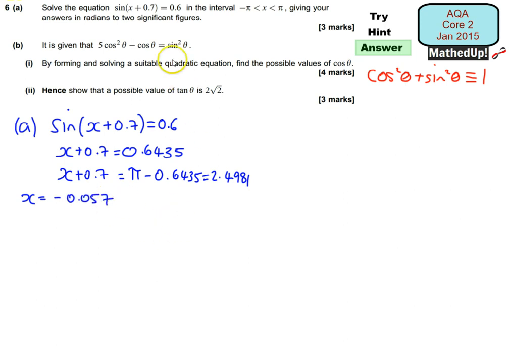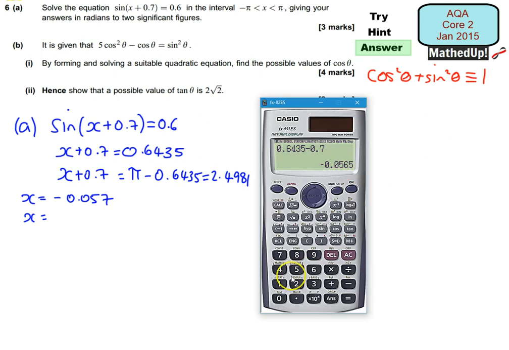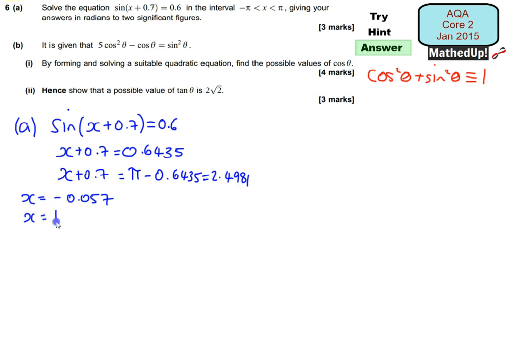And I get another solution by doing 2.4981 take away 0.7, and that gives me 1.7981, or 1.8 to two significant figures. Okay, and both of these are going to be in radians.